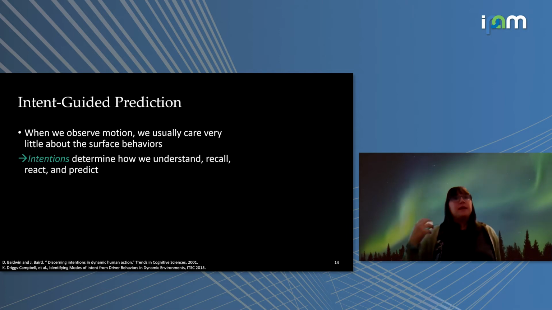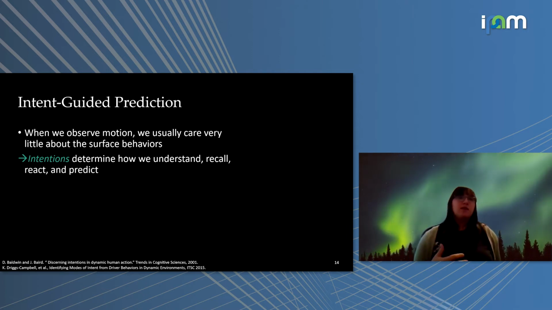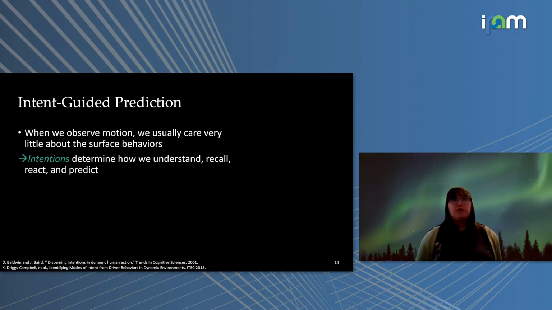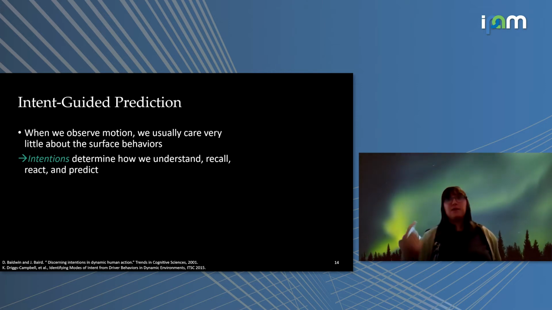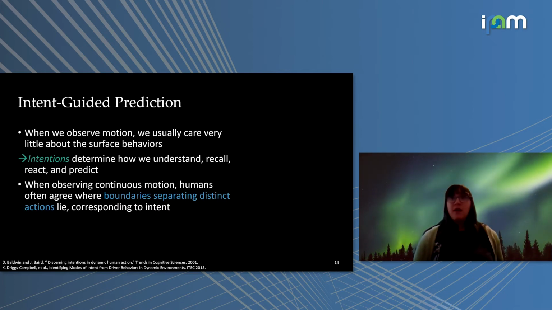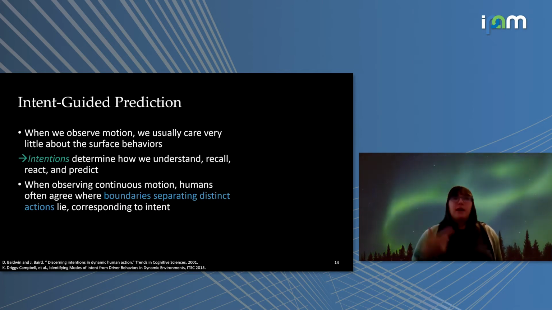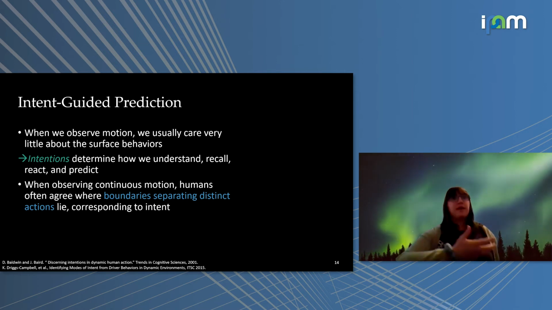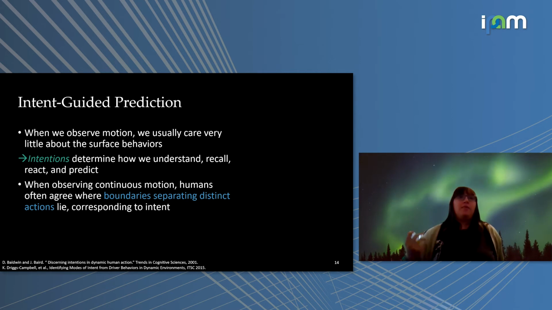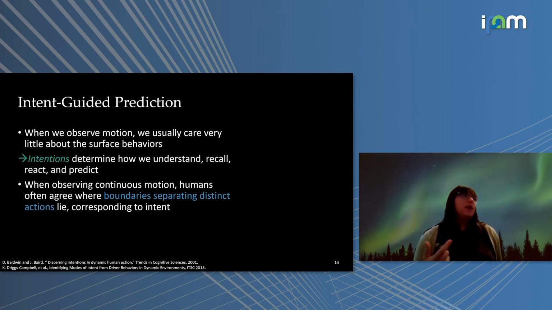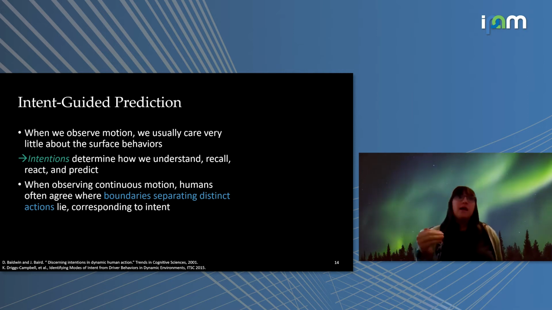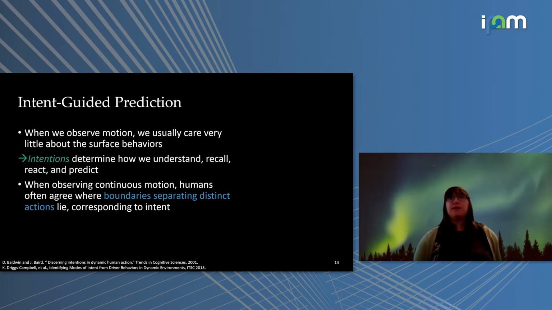And it turns out, if we look at literature from the psychology or the cognitive sciences community, these intentions really determine how we understand, recall, react, and predict these human agents. And one thing that has been observed is that when people are observing motions of other agents or other people, typically we tend to agree on where these separating boundaries lie. So we often are able to identify these discrete actions corresponding to intent.